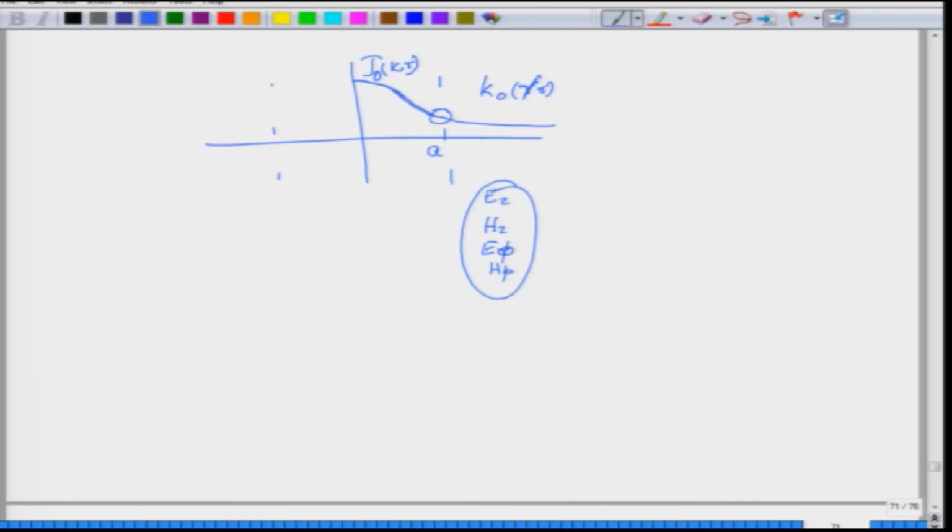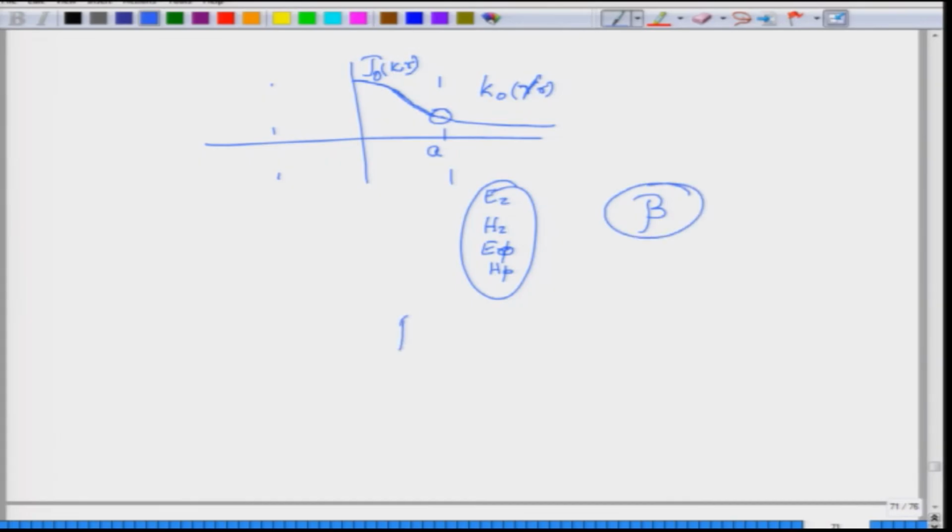So, 4 equations will actually give you 4 sets of electric field and magnetic field components, the tangential components at the boundary, and the solution of that turns out to be beta, and we usually denote the solutions as beta nu m, where nu will tell you how the function is varying with respect to azimuthal angle, and m will tell you how the function is varying with respect to radial.